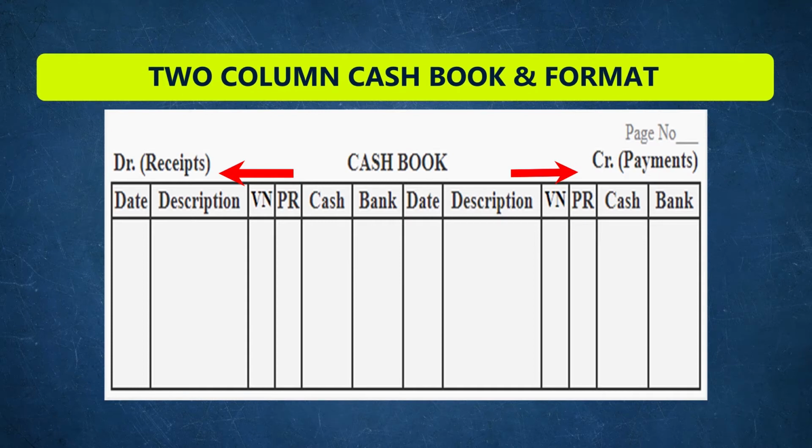If you see the format of the double column cash book, now you have 6 columns instead of 5 on the debit side and 6 columns on the credit side. First one is date, second is description, third is voucher number, fourth is page reference, fifth is cash and sixth is bank. Likewise, in the credit side you will find the 6 columns.